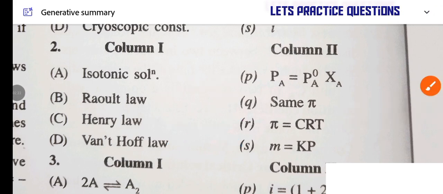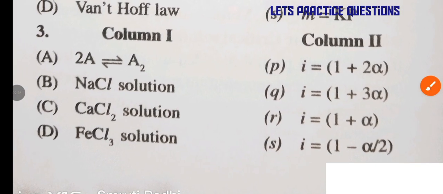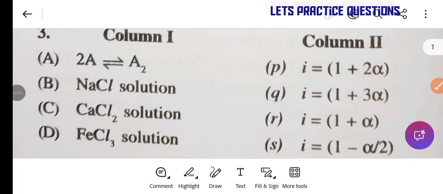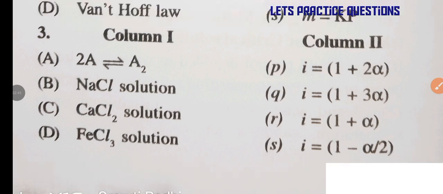So next question. In column 1, there is 2 moles of A in equilibrium with A2. Option B NaCl solution, CaCl2 solution and FeCl3 solution. Here we have to calculate the Van't Hoff factor, that is the number of particles.